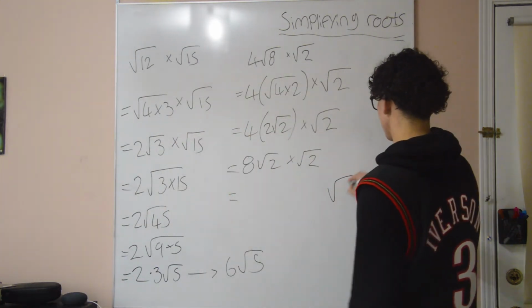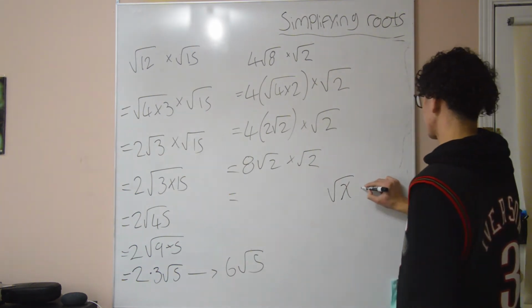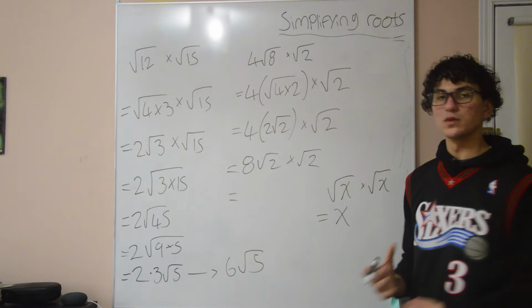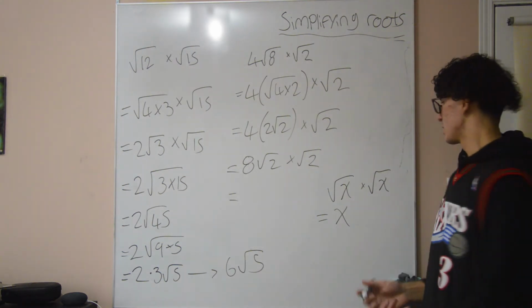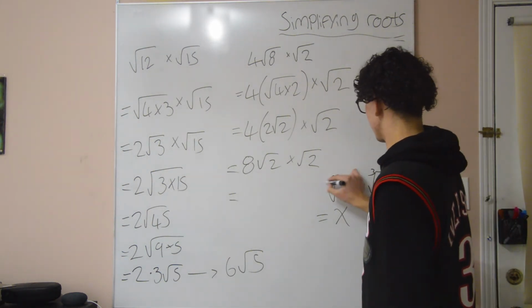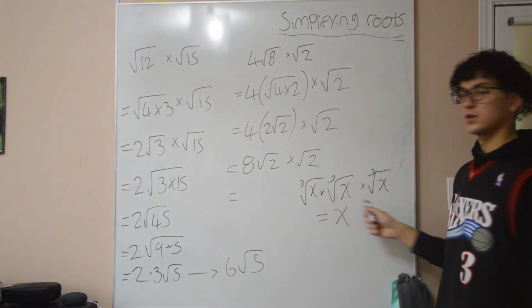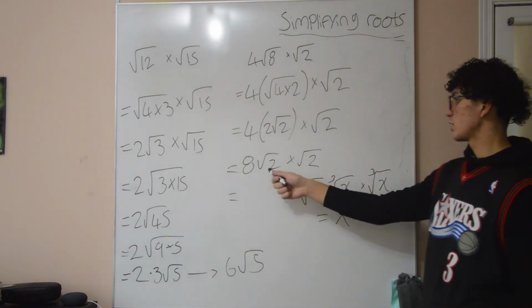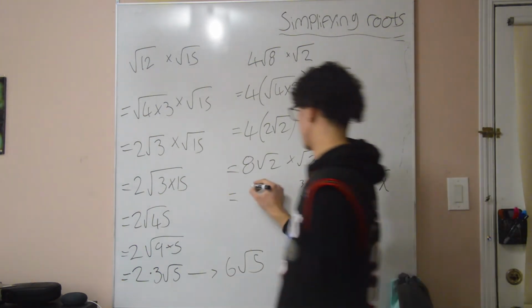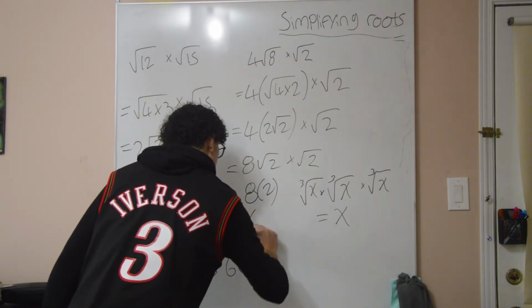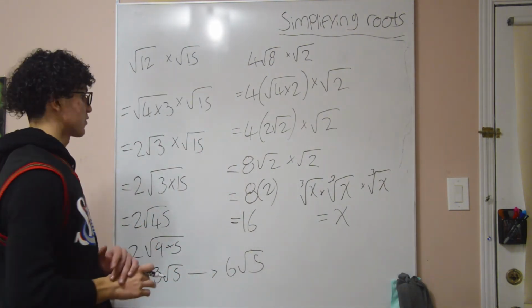And to put that in algebra, root x times root x is just equal to x. We know that. Same way that if this was cube root and we multiplied it 3 times, just like that. So we know that root 2 times root 2 is just 2. And we get a final answer of 16 for this one.